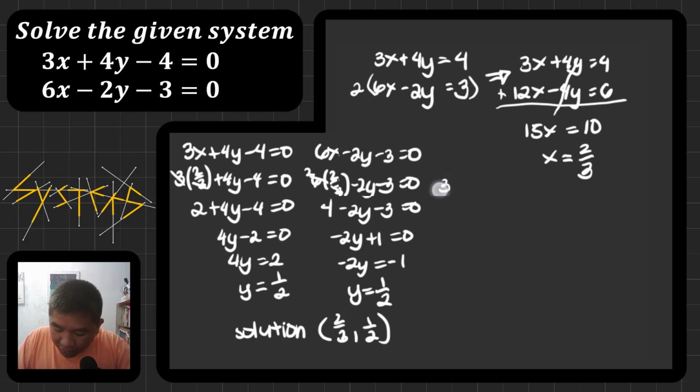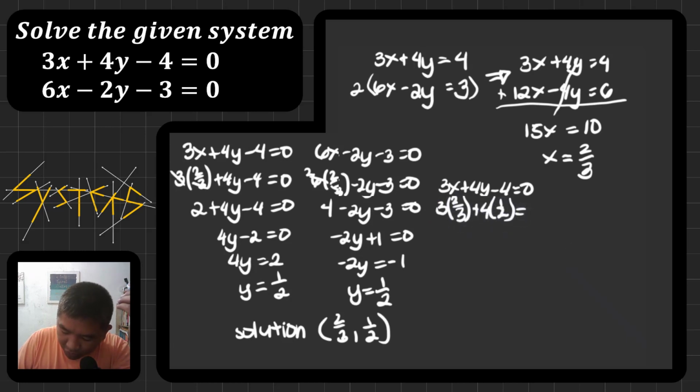Let me use the first original equation. You have 3x plus 4y minus 4 equals 0. Substituting the two values, 3 times 2/3 plus 4 times 1/2 minus 4 must be 0? I'm using a question mark here because we are still in the verification process.